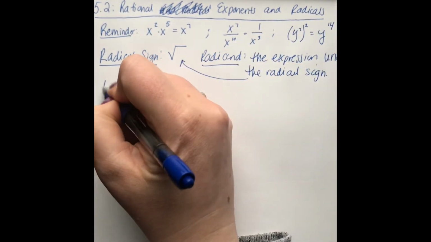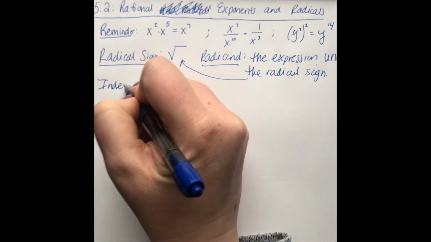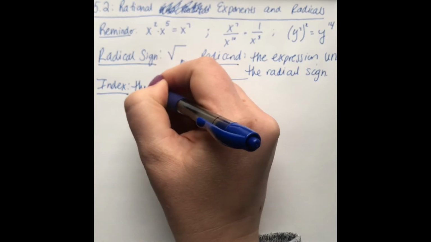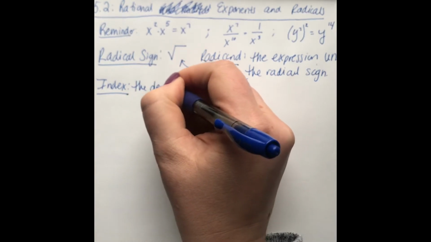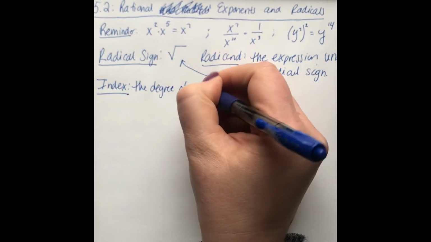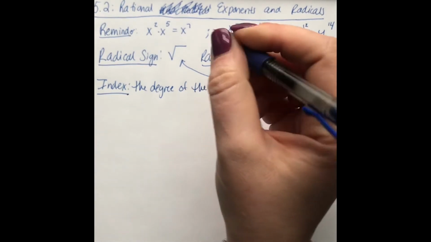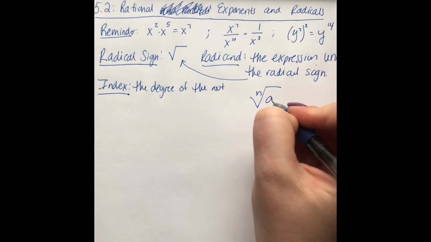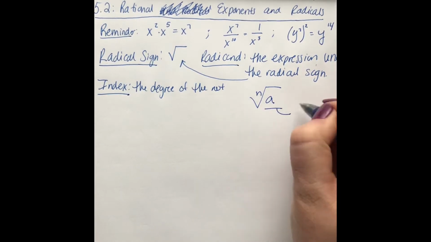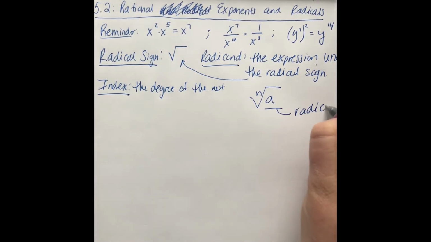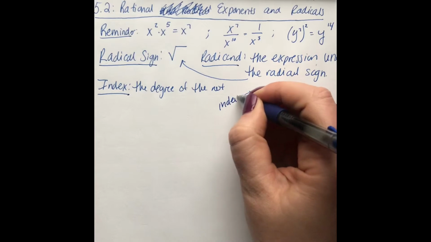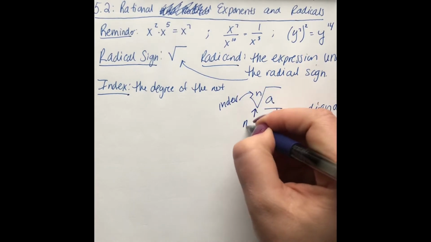And the index, it's the degree of the root. So if you have the nth root of a, this is the radicand. This is the index. And that is the root.